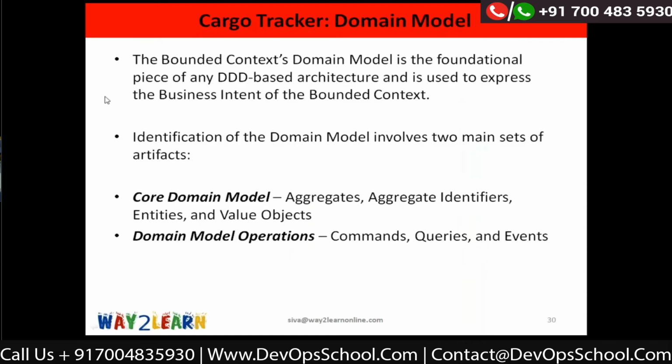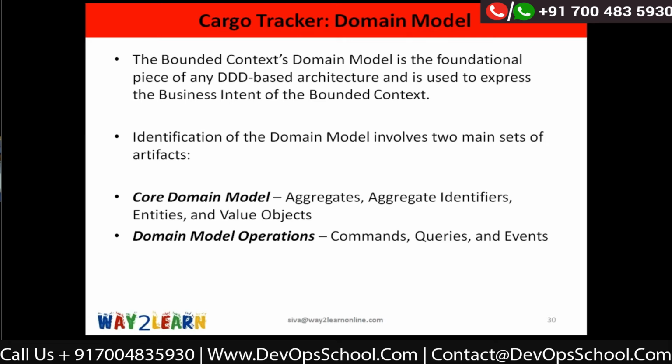As I told you, implementing your domain model consists of identifying your aggregates, aggregate identifiers, and entities or value objects. You have to identify the commands, queries, and events. So let us see step by step for our use case.